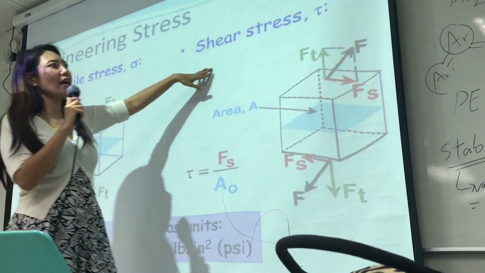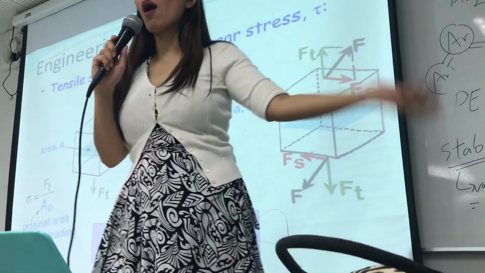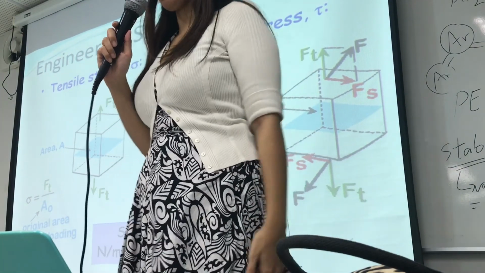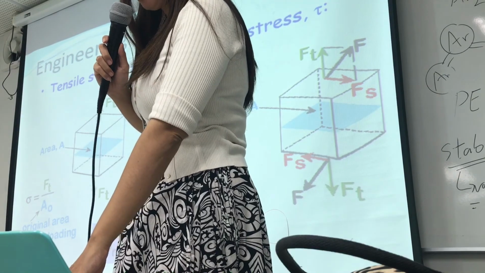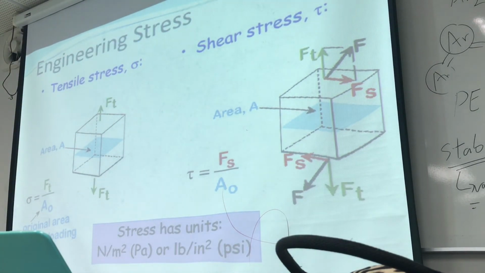Shear is represented by tau. What is the unit of sigma? Newton per square meter, or Pascal. What is the unit of tau?